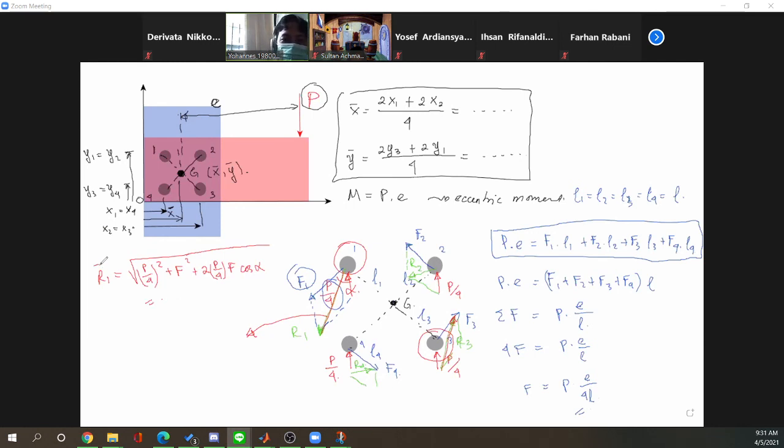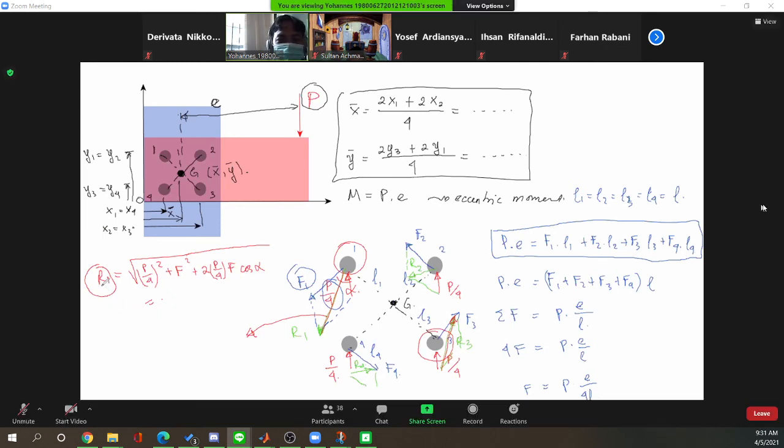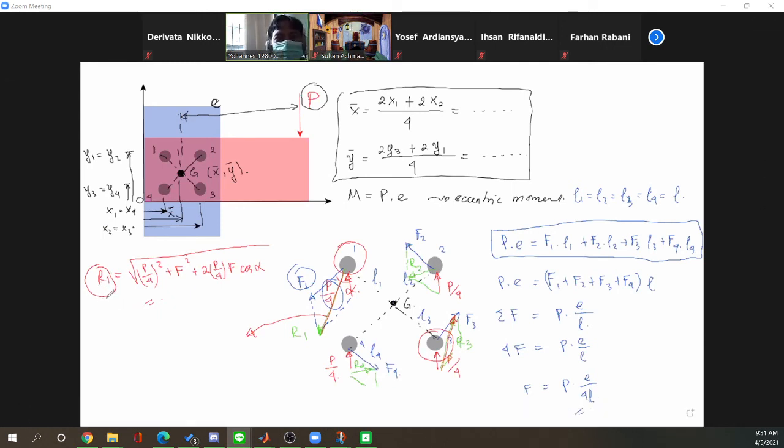Okay, so this is the total load applied on the first rivet. This is the total load that is resisted by the first rivet. So this load will create the shearing failure and crushing failure on the rivet. Okay, so we want to calculate both of them.